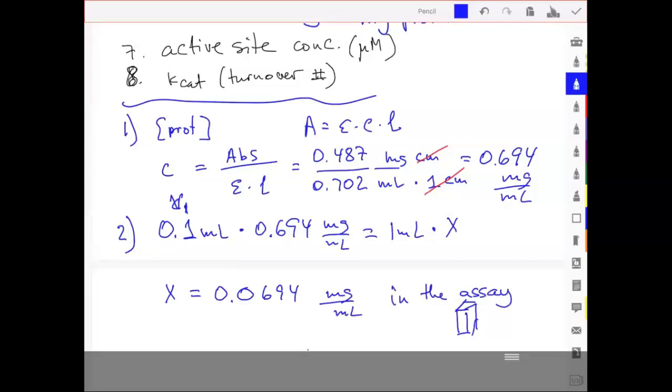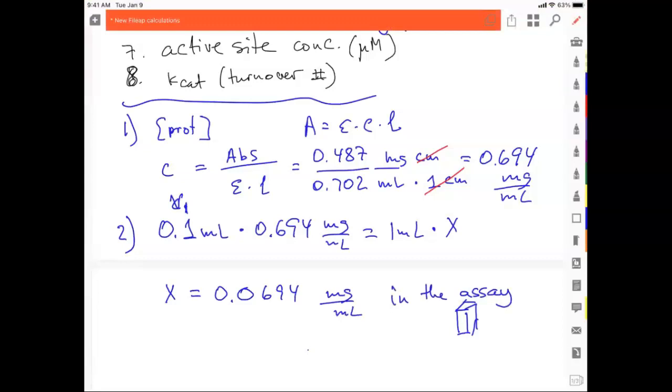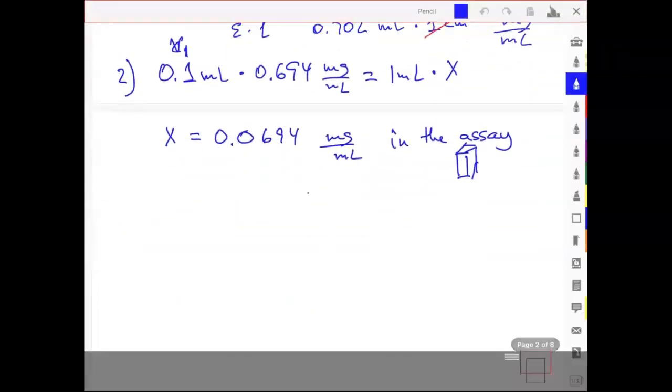Okay, so next, number 3 is going to be velocity in the cuvette.